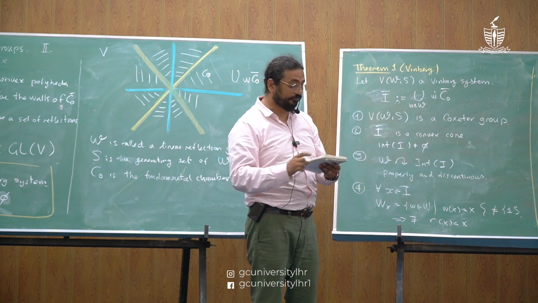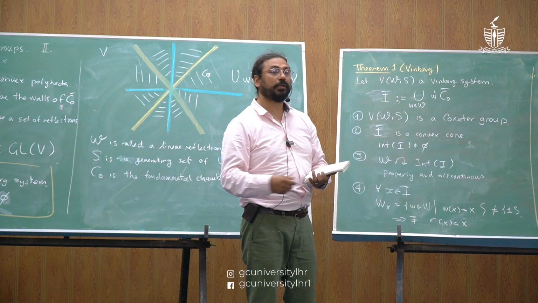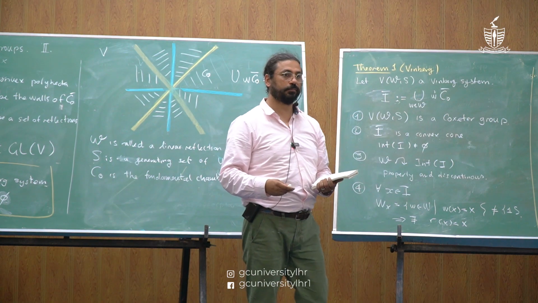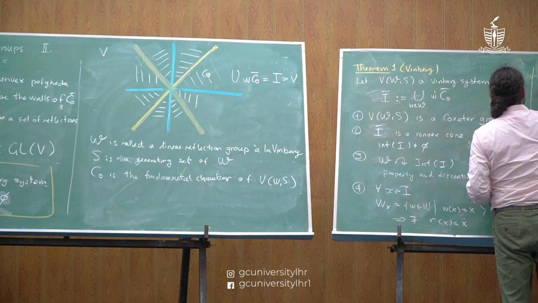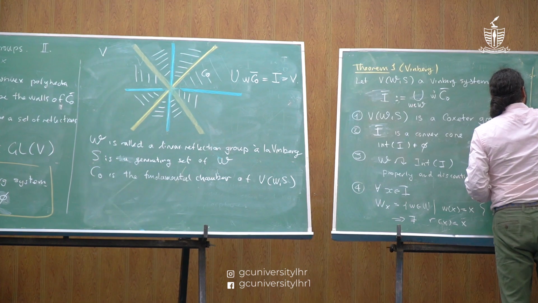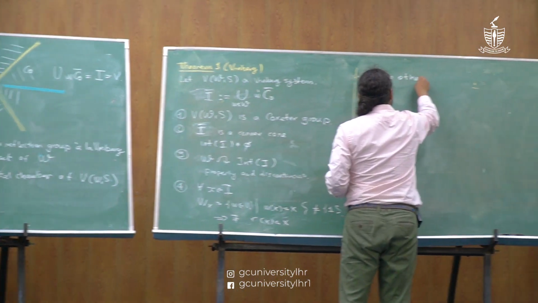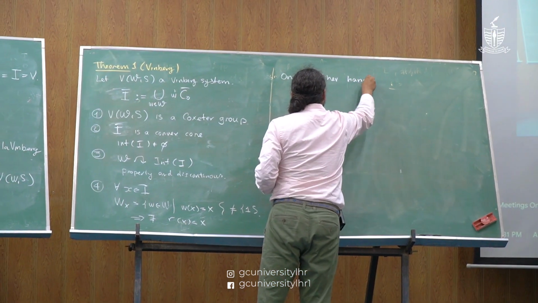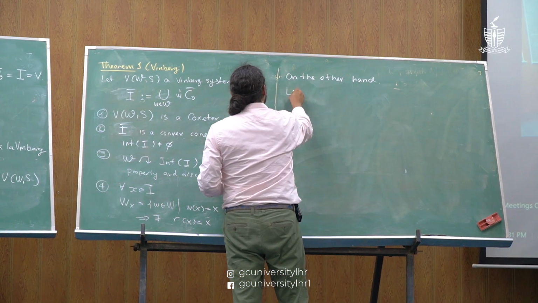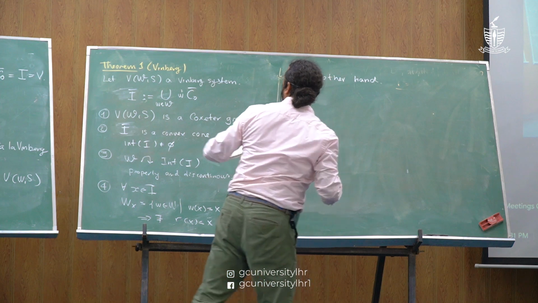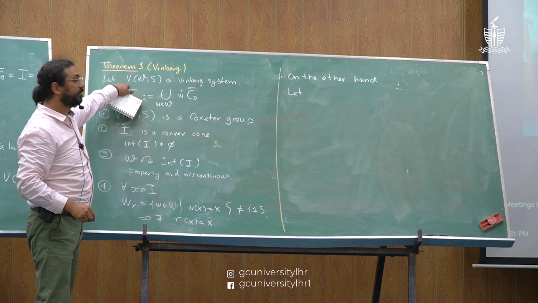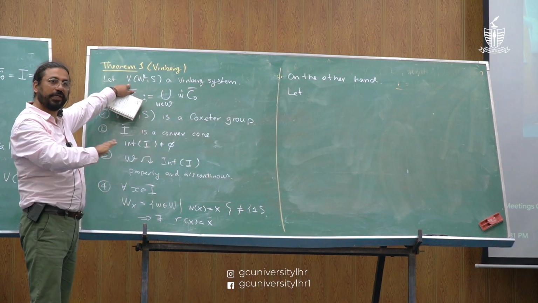But in fact, the converse is also true, meaning that if we have a Coxeter group, on the other hand, I will use this notation just to distinguish, because this is a really geometrical object.